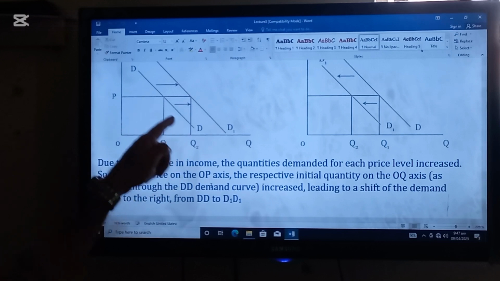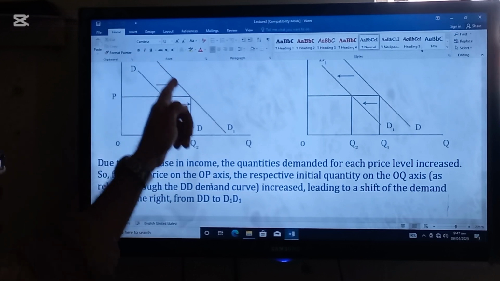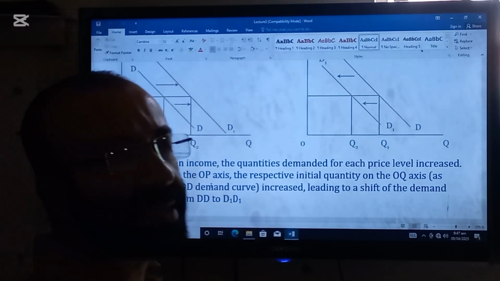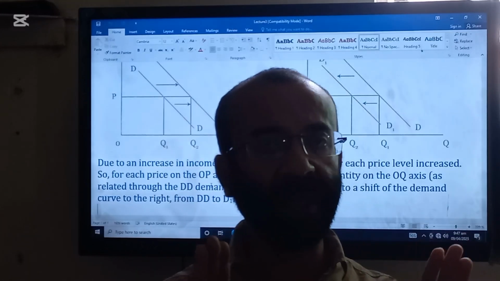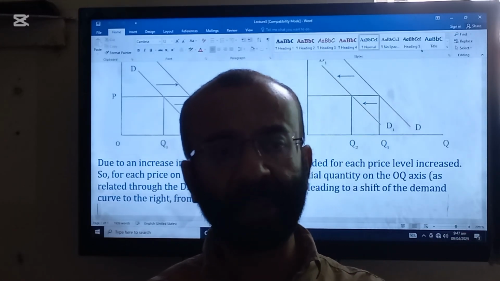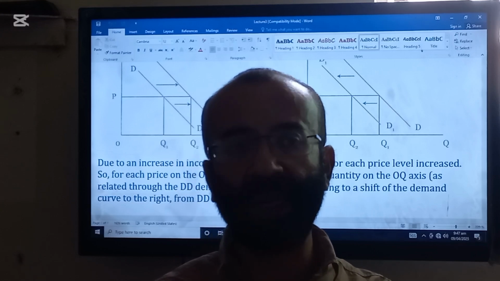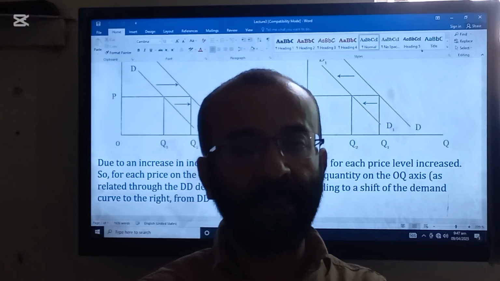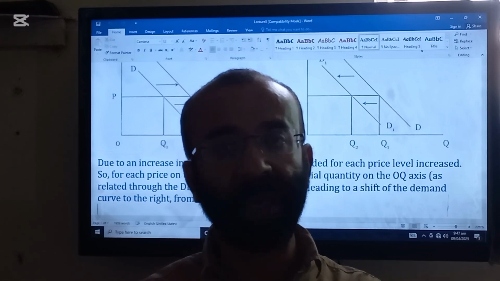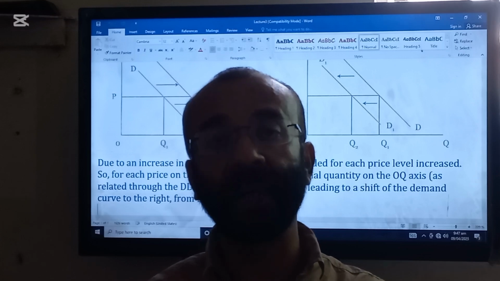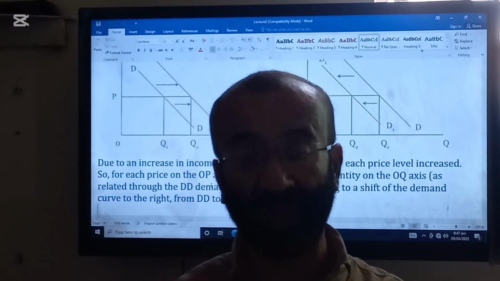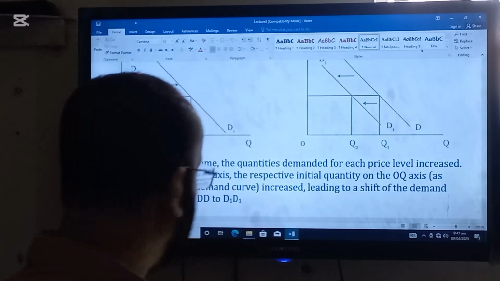So this was the original demand curve and this is the new demand curve. This is normally seen. This is the normal case. When a person's income increases, normally the quantity they will purchase is now more, so the demand for commodities is normally increased when the income is increased.